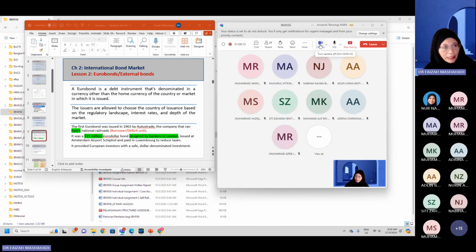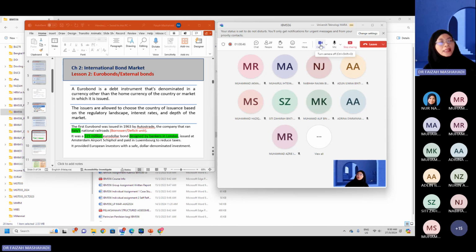So it will not be denominated in the currency of the location where the company issues the bonds. Proton, that will not be denominated in RM. So if the issuance is in, let's say, the United States of America, in New York, for example, that bond won't be denominated in US dollar. Do you understand? So you have to meet these two criteria for Eurobond.